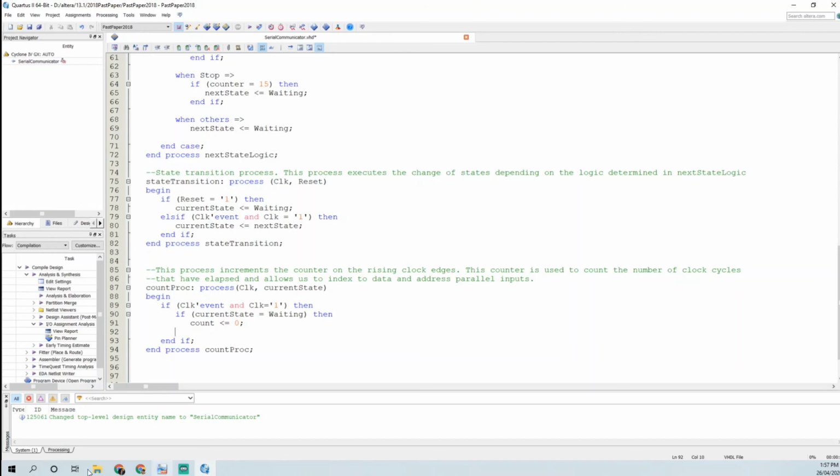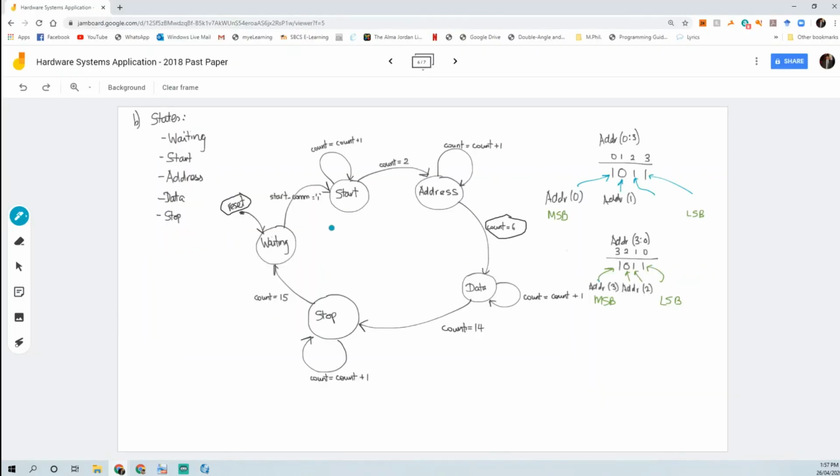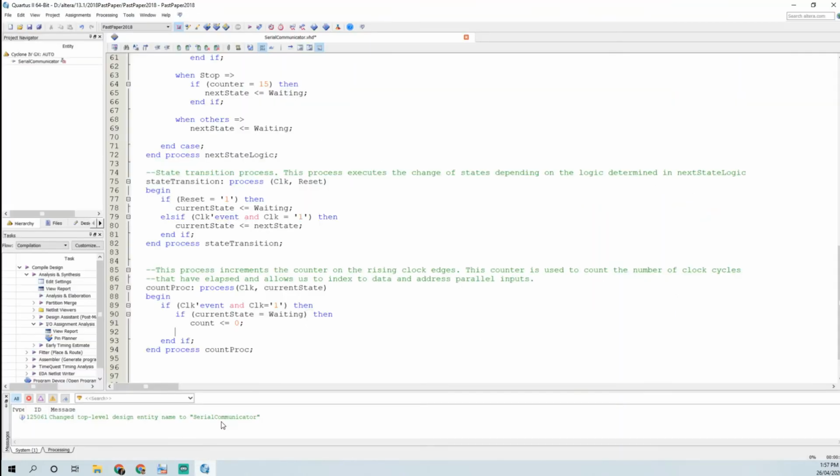We don't want to start counting here, but once we reach this starting state, we want to let the counter start off at 0 because we check in these particular values of 2, 6, 14, 15, etc. So whenever in the start state, we want this counter to start counting at 0, and we could set that in this waiting state here. Okay, so if I'm in the waiting state, then my count value is equal to 0.